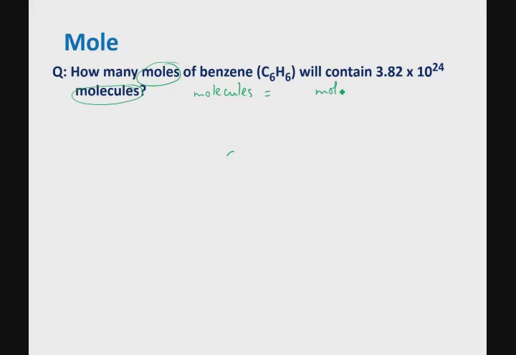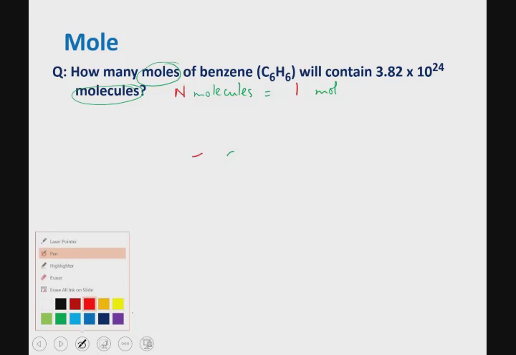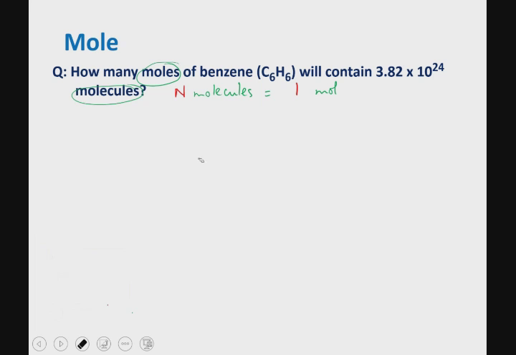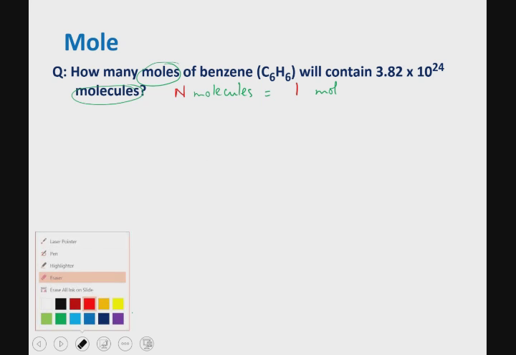Once again, Avogadro's equation comes into the picture, which says 1 mole of every substance, no matter what that substance is, will have N number of particles. Particles in this particular case are molecules, because we are dealing with a molecular compound.